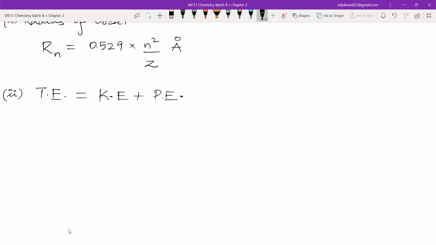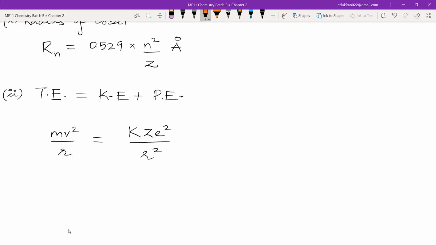Now from the centrifugal and centripetal force, the Coulombic force, we came to one conclusion, which was mv square upon r is equal to k Z e square upon r square.